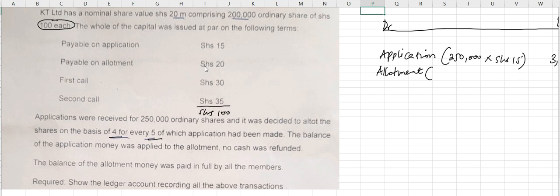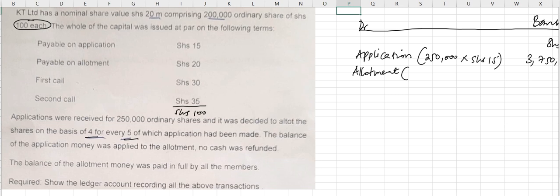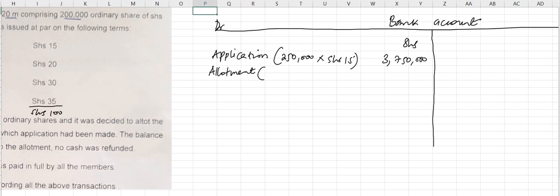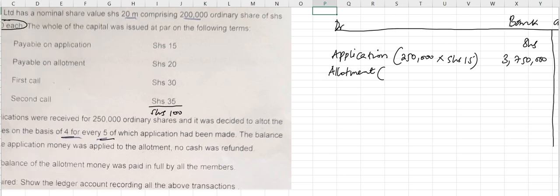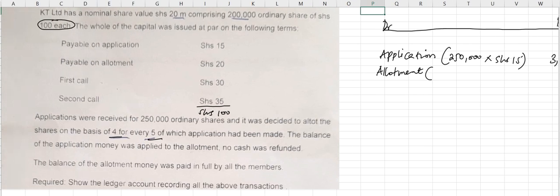But they have allotted 4 for every 5 of which application has been made. The balance of the application money was applied to the allotment. No cash was refunded. So they are going to allot 200,000 shares.